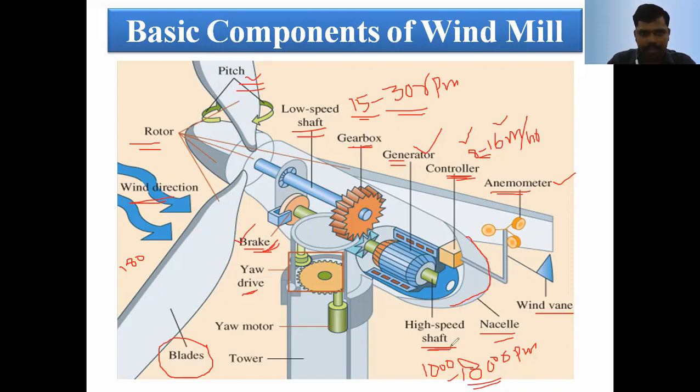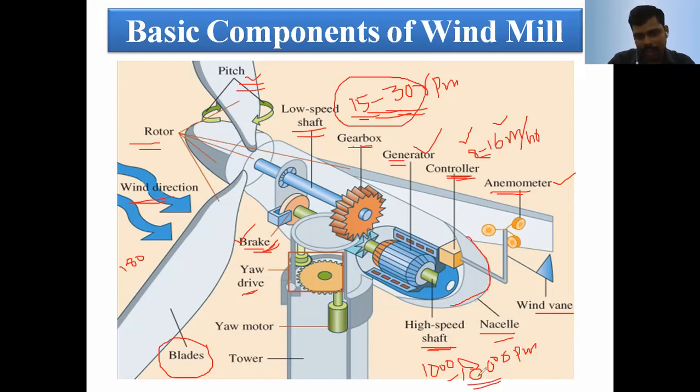And the high speed shaft drives the generator at a speed of 1000 to 1800 rpm. But initially, if the wind blade is rotating, we are getting only 15 to 30 rpm. At 15 to 30 rpm, we can't generate electricity.